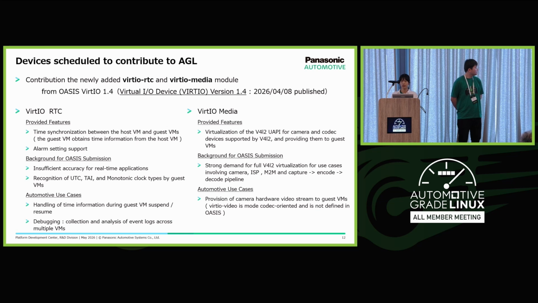The motivation here is the demand for full V4L2 virtualization in automotive systems, especially for camera, ISP, and camera capture, encode, and decode pipelines. While VirtIO video mainly targets codecs, Virtio-media enables direct usage of camera hardware from guest VMs, which is essential for many automotive use cases.